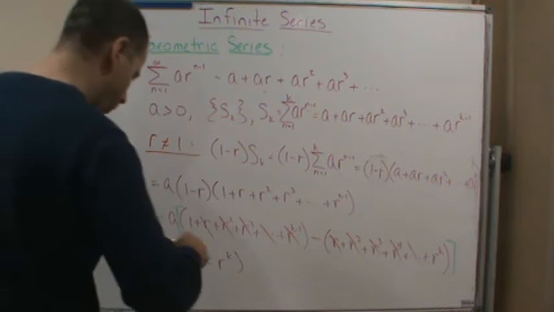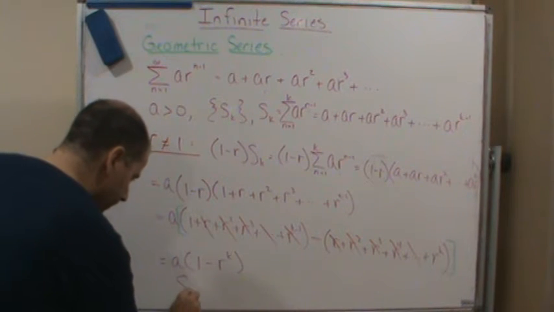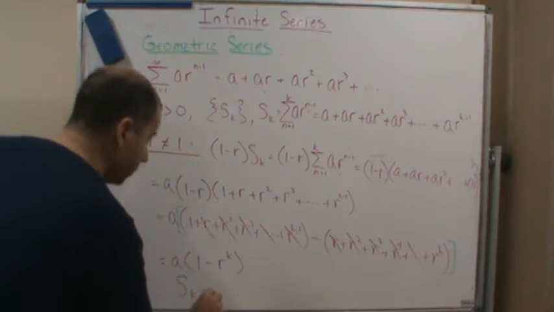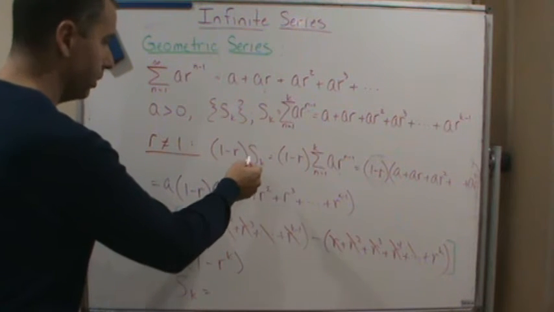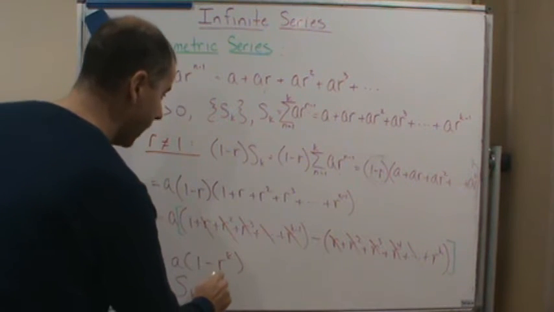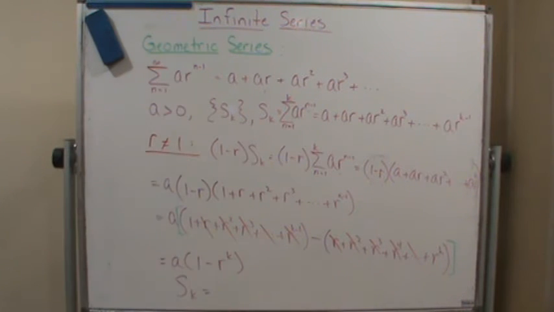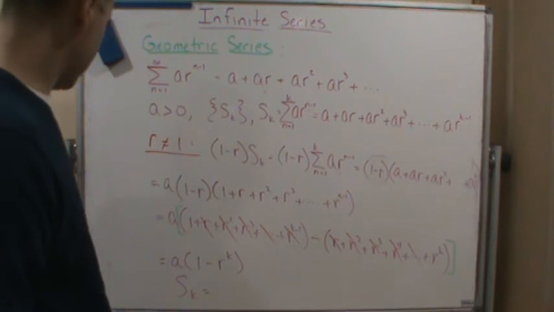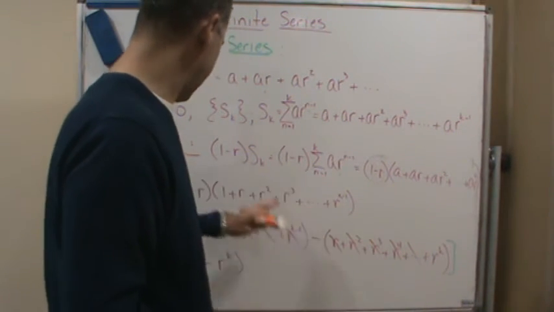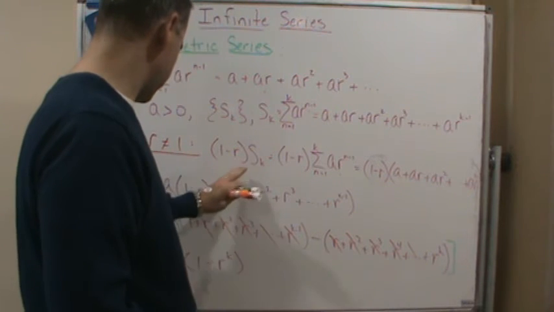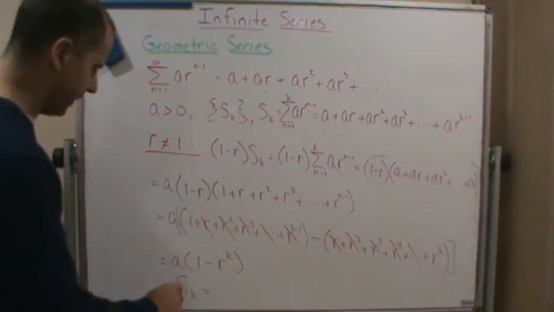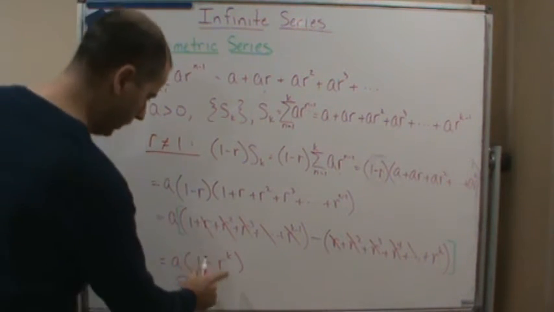So then we get that s sub k then is equal to what? It's going to equal the sum, or no, hold on. No, because, okay, I'm sorry. This is equal to this. So this s sub k is equal to this. So s sub k then is going to equal this.